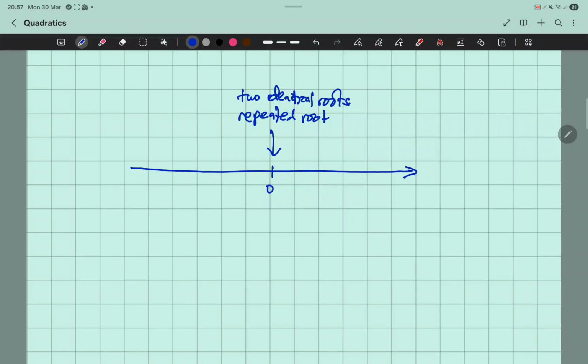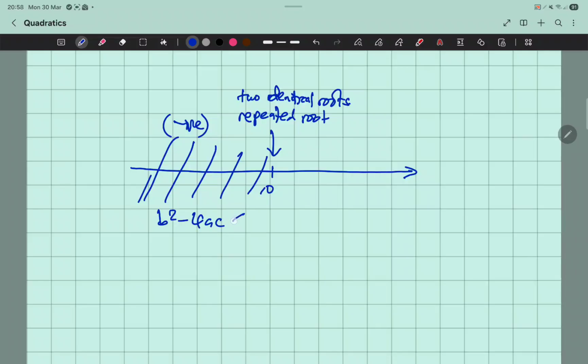From 0, if we move to the left-hand side into the negative section, when b squared minus 4ac is negative, that is less than 0, it means there is no real root.